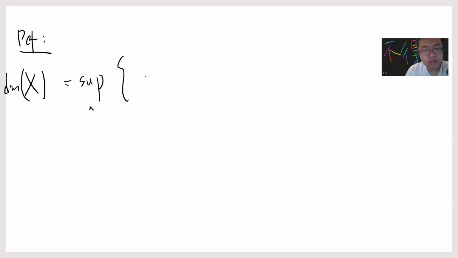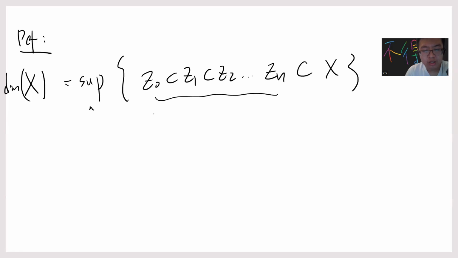Okay, so now we can talk about dimension. So in the topological space X, one can define the dimension of X to be the supremum of n such that you can find Z0, Z1, Z2, up to Zn in X, with the requirement that everything is distinct, irreducible and closed.